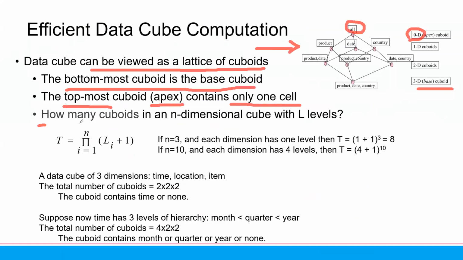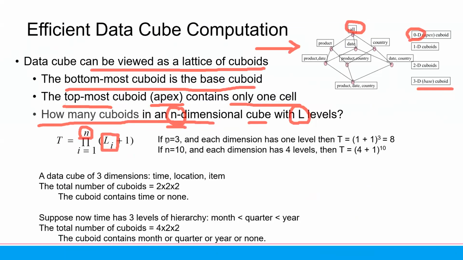So we will check how many cuboids in an n-dimensional cube with L levels. So L levels means, if we have n as an integer, we can also have L, which is a number of integer.